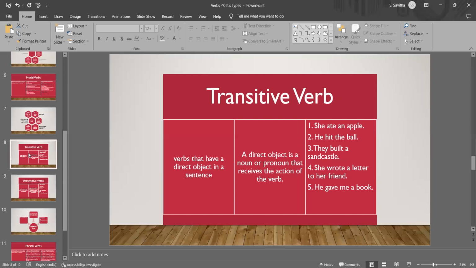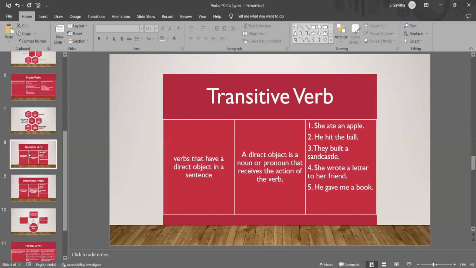Hope you understand very clearly. They built a sand castle. Here, built is a transitive verb and sand castle is the direct object. So the verb built is showing the action of the subject they on the direct object sand castle.